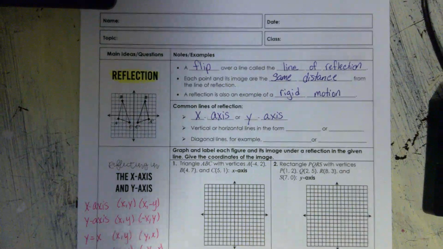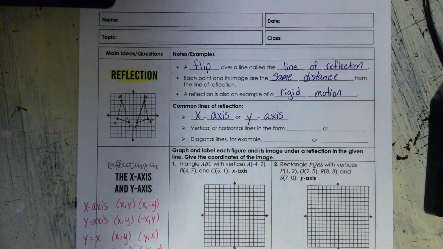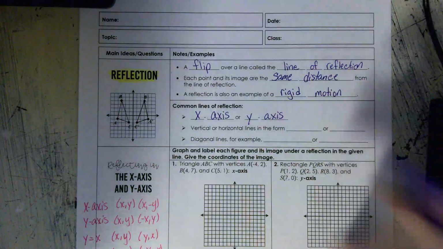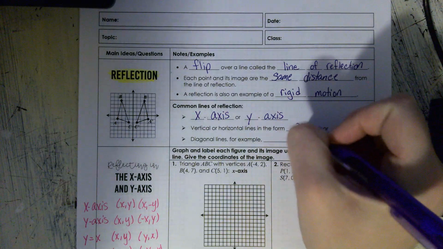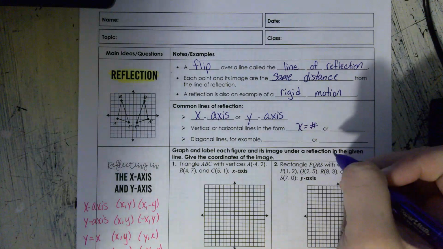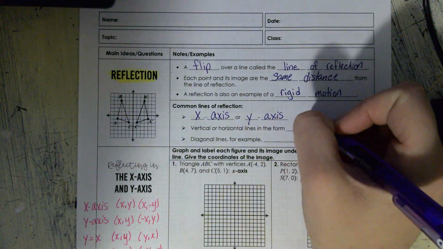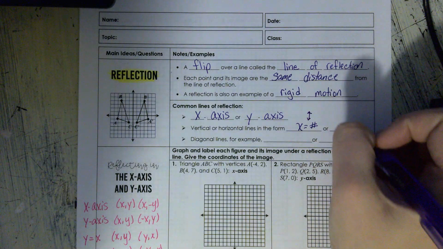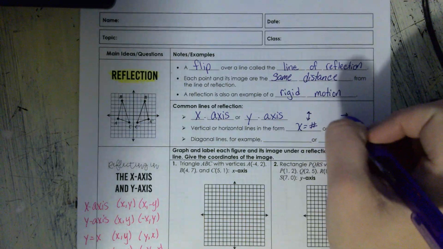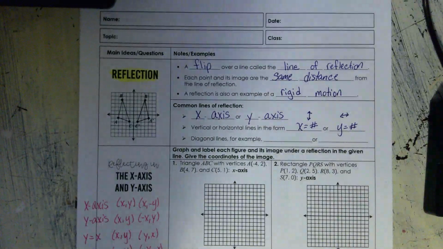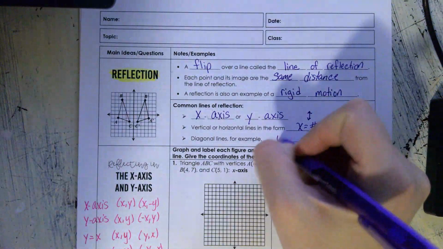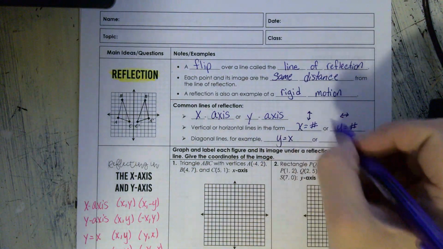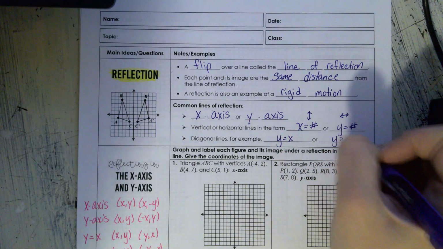There are vertical and horizontal lines in the form of x equaling a number, and that's our vertical, or y equaling a number, and that's our horizontal. We can also see diagonal lines. For example, it would be y equals x and y equals negative x.